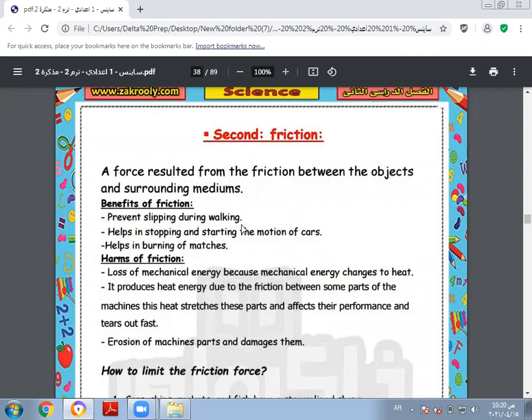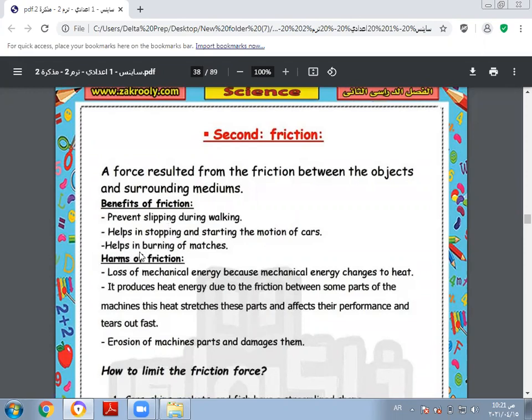After that, we have benefits and harms of friction. Number one, benefits of friction: it prevents slipping during walking on roads. Number two, it helps in stopping and starting the motion of cars.